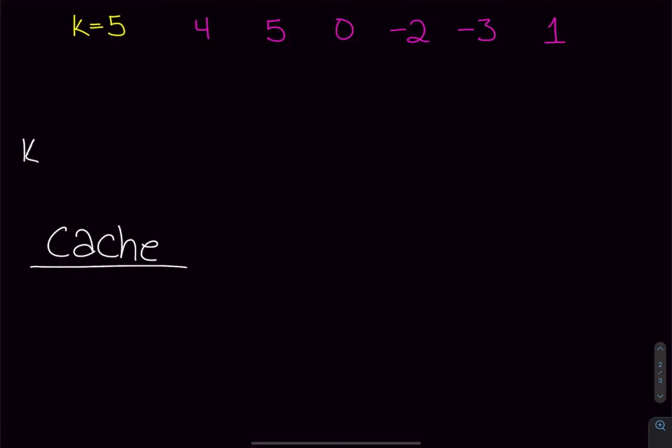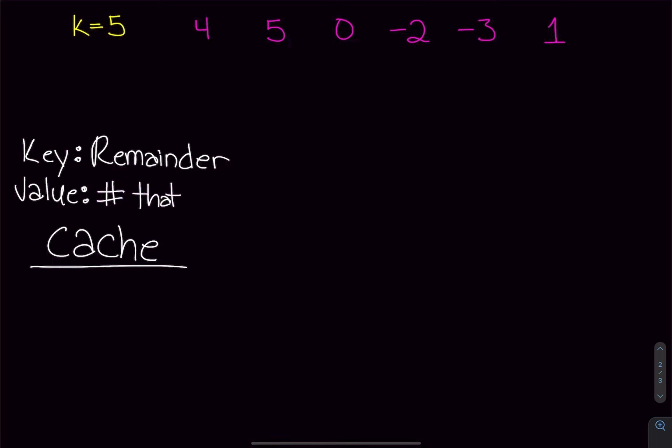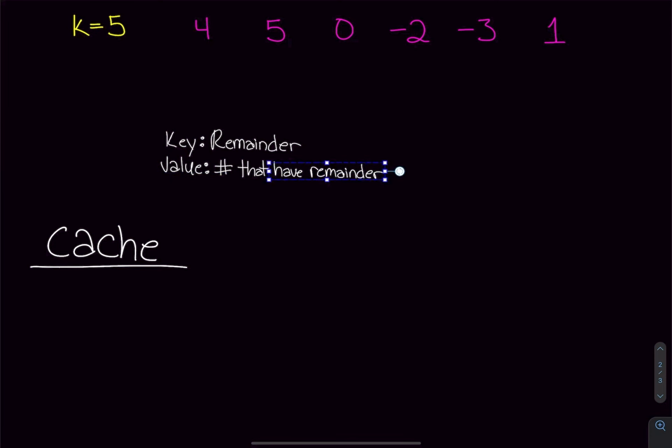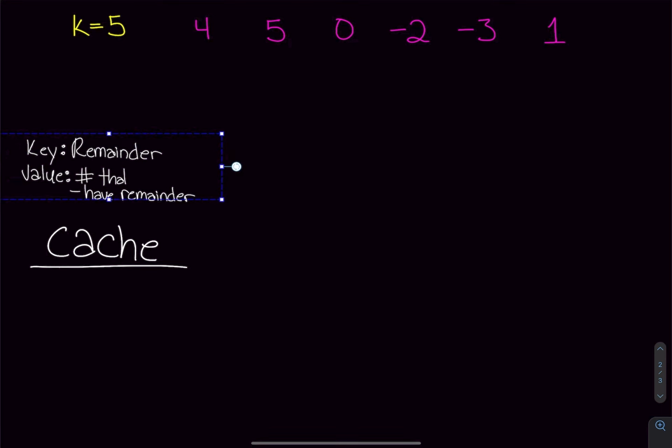The key is going to be the remainder, and the value for that key is going to be the number of values that have that remainder. All right, so we got that all covered. Here we go, and I'll put that right here for y'all.